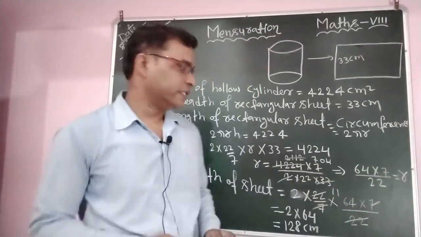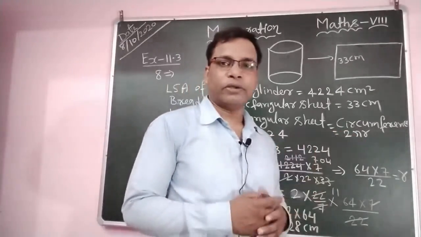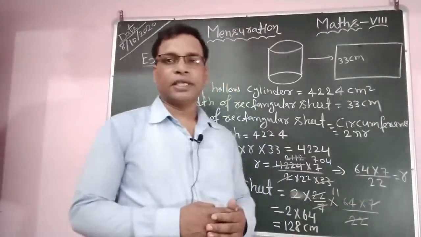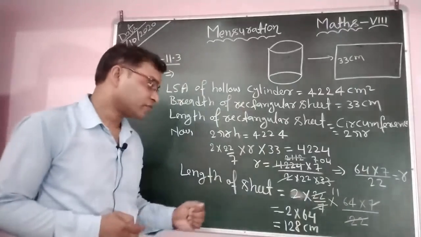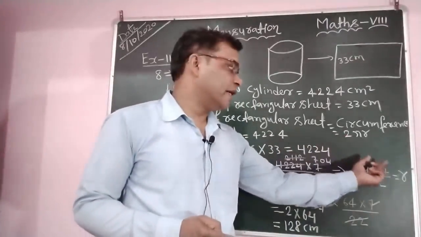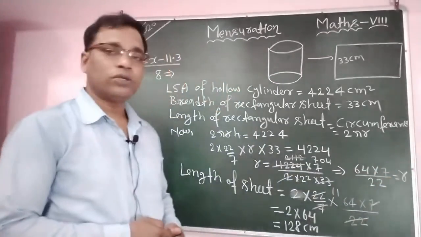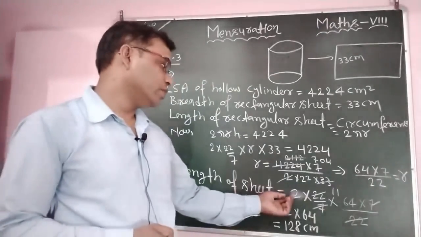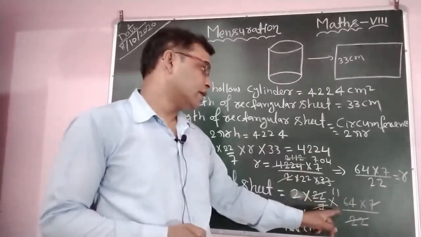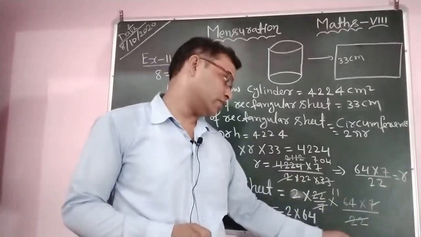Now, what is the length? Length is the length of the rectangular sheet, the circumference of the hollow cylinder. Circumference of the hollow cylinder is 2 pi r, where r represents the radius of this hollow cylinder. So 2 into 22 by 7, which is pi, into r, 64 into 7 by 22.